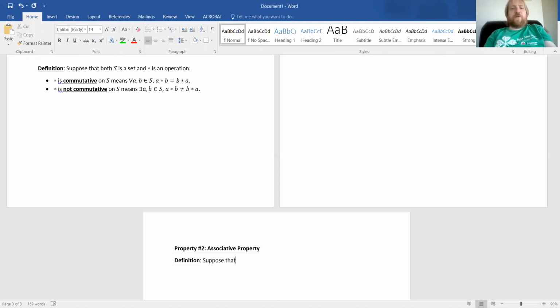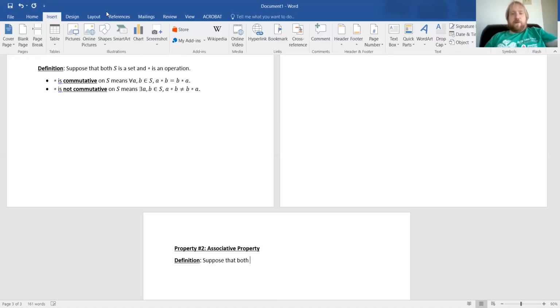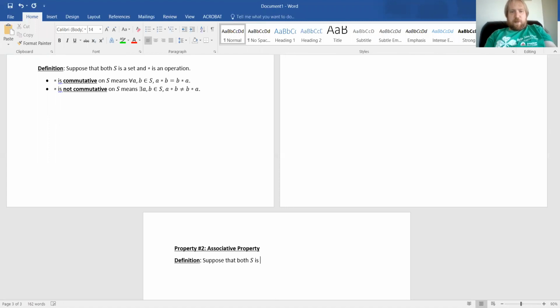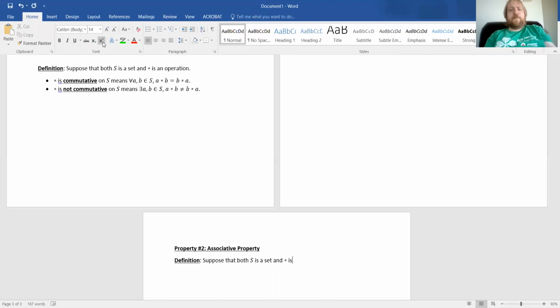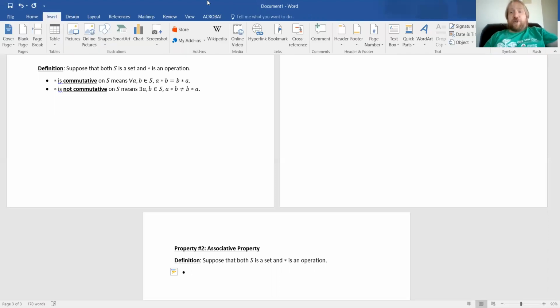Again, we suppose that S is a set and star is an operation. We say that star is associative on S.